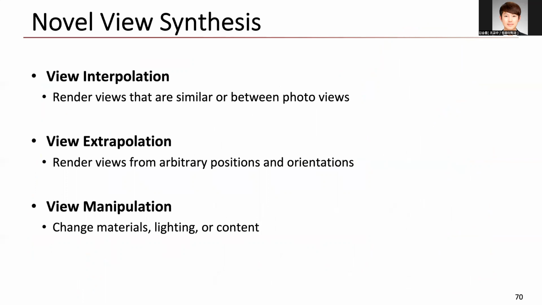NeRF is one of them. So from here, we will talk about NeRF, neural radiance field, and see applications of the neural radiance field. Question? No? I think we can finish today's lecture here. And next week we will talk about novel view synthesis and neural radiance field and NeRF.